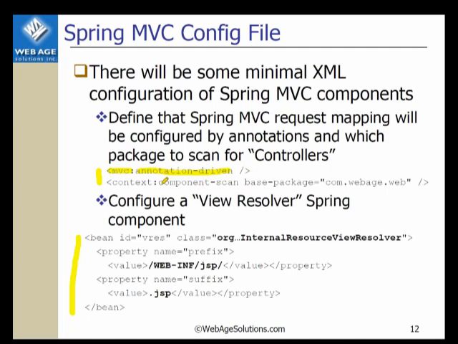You also see, and this is not really Spring MVC specific, this context component-scan entry in the XML configuration. That basically tells Spring itself, not necessarily just Spring MVC, but any Spring application, to scan the classes, in this case, in this package.